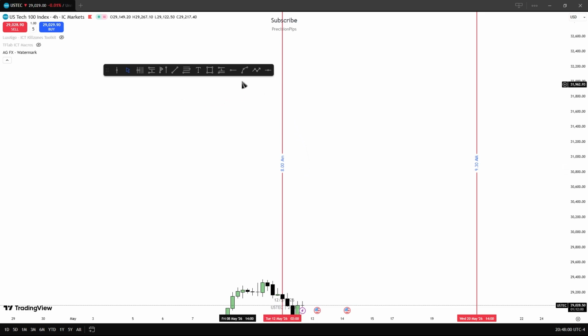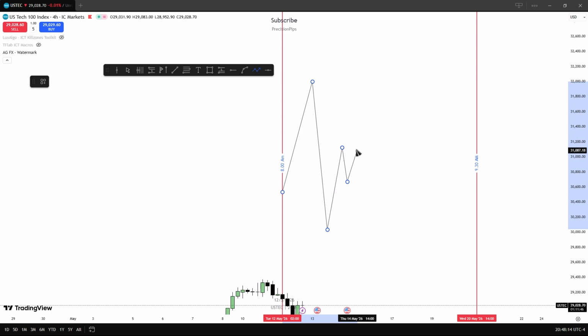For example, price comes from 8 a.m., creating an intermediate high, then creating an intermediate low, then ranging in between them. Then if we are bullish, we need to sweep this intermediate low. So we look for a sweep there, then a break of structure.